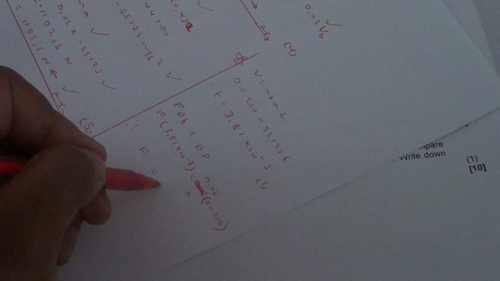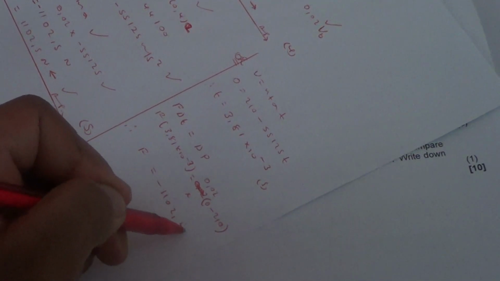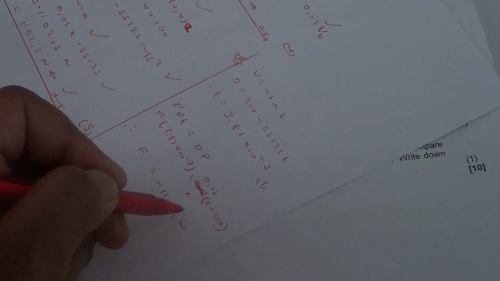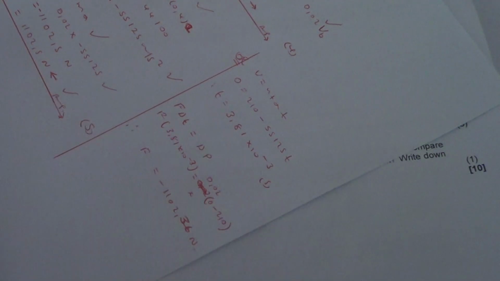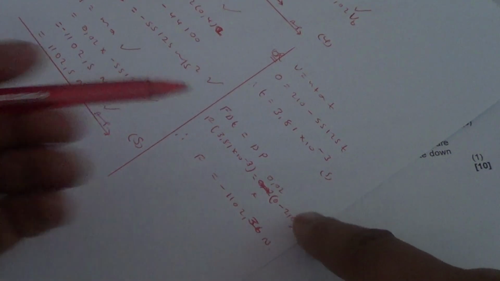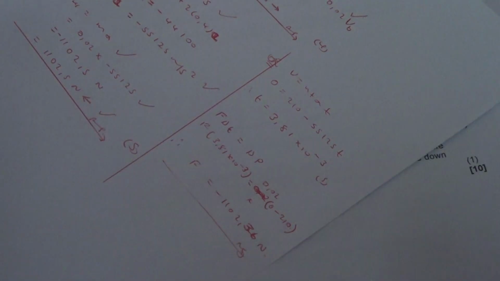So I still get minus 1102, but this time it gives me 36, which is roughly 36 newtons. All right, so this is comparable, it's all about rounding off anyway. So some answers are not going to be exactly accurate, but you will get something very close to the answer.